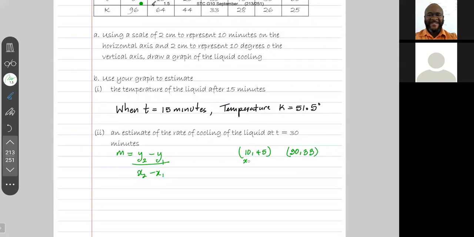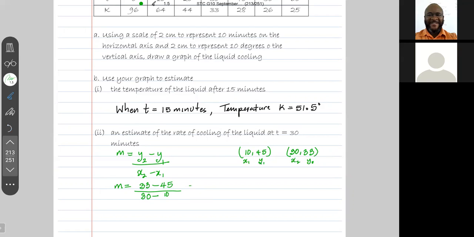This is x1, y1, x2, y2. M is equal to y2, which is 33, minus y1, which is 45, over x2, which is 30, minus x1, which is 10.